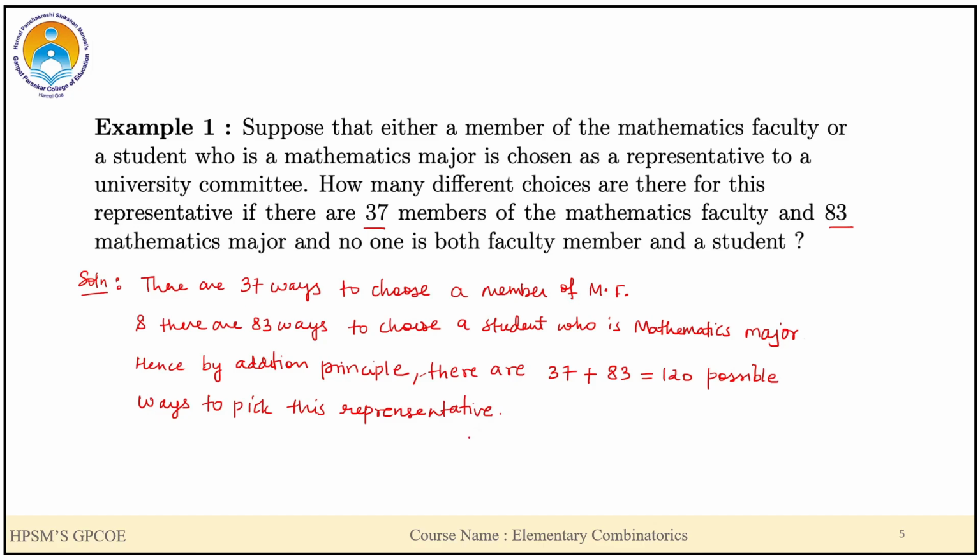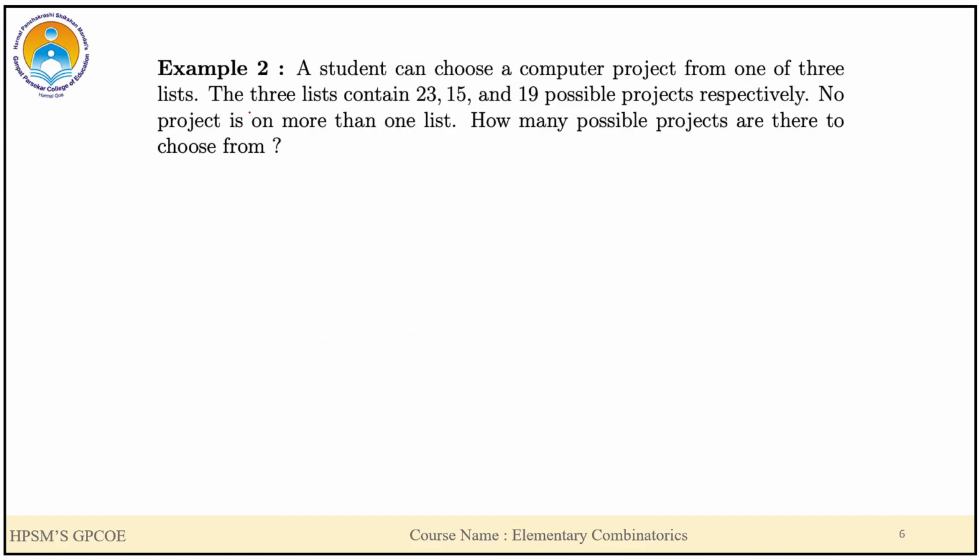Now let us look at the second example. A student can choose a computer project from one of three lists. The three lists contain 23, 15 and 19 possible projects respectively. No project is on more than one list. How many possible projects are there to choose from?